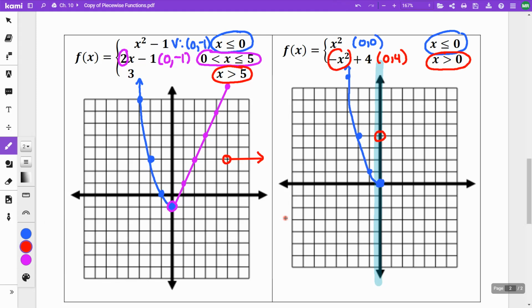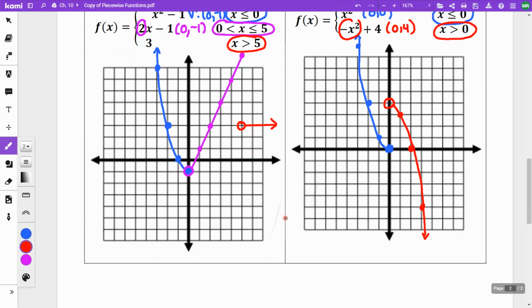So I'm going to go over 1. 1 squared is 1, so I go down 1. Over 2, 2 squared is 4, so I'm going to go down 1, 2, 3, 4. Over 3, 3 squared is 9, 1, 2, 3, 4, 5, 6, 7, 8, 9. And so forth. And there's that. Now, again, I don't need that line there. That was just kind of showing where my divide is.